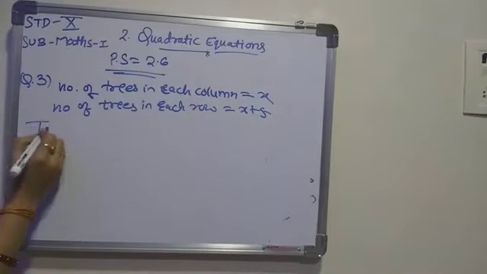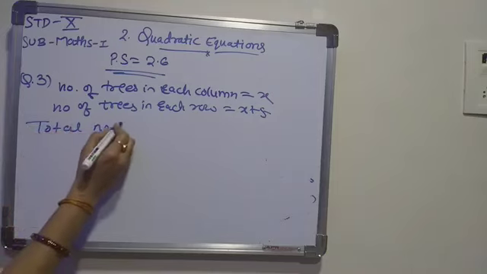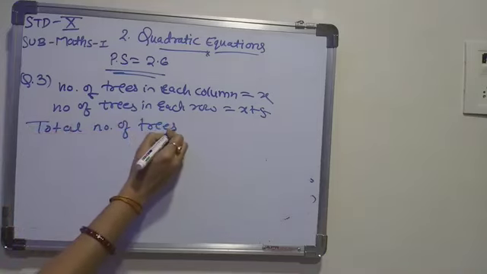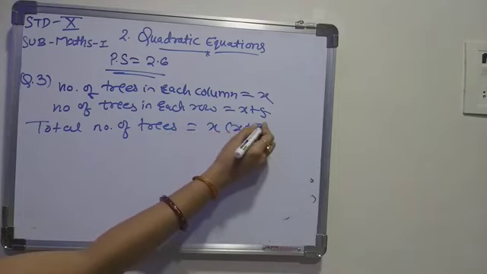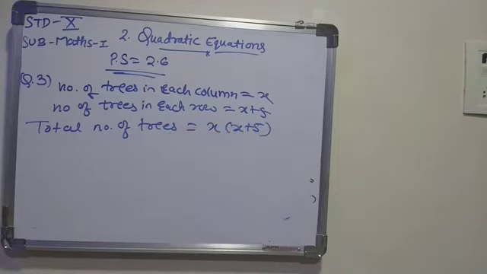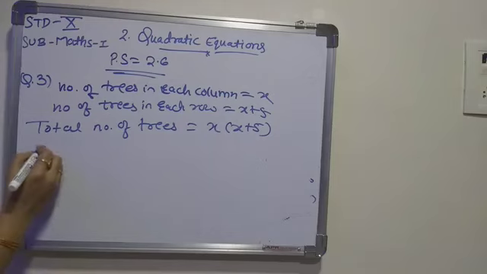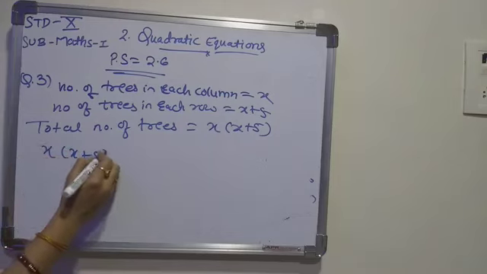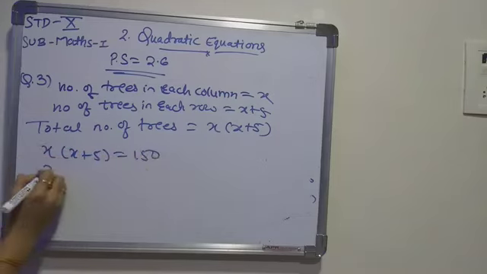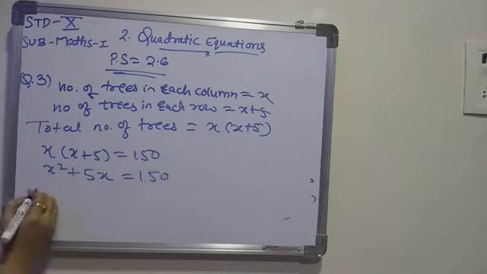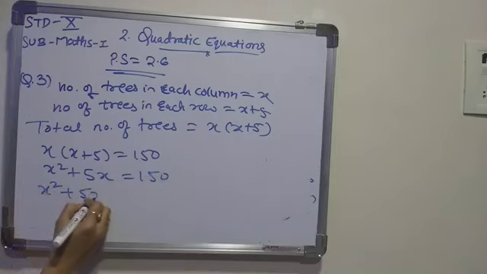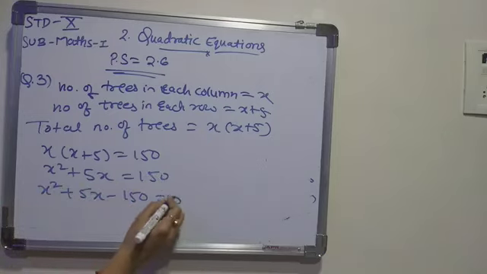We are going to multiply row into column. So total number of trees is x into x plus 5. Clear? So the total number of orange trees in the orchard is 150. So according to the given condition, x into x plus 5 is equal to 150. x square plus 5x equals 150. Shift this, you will get x square plus 5x minus 150 equals 0.